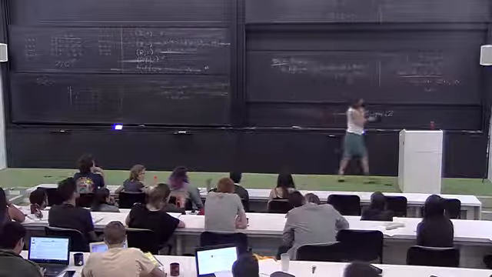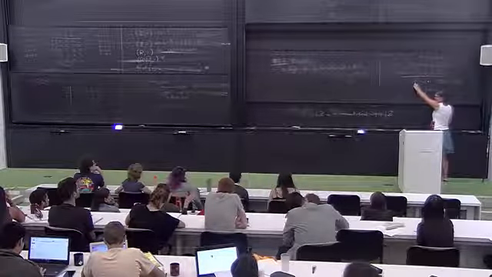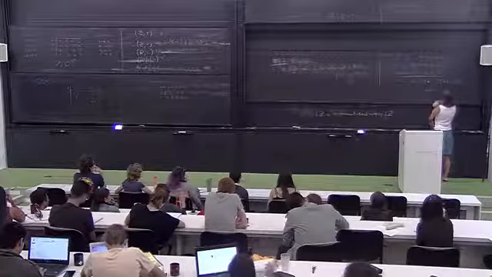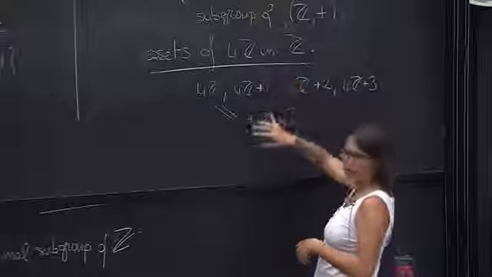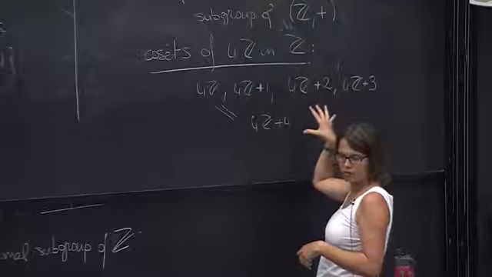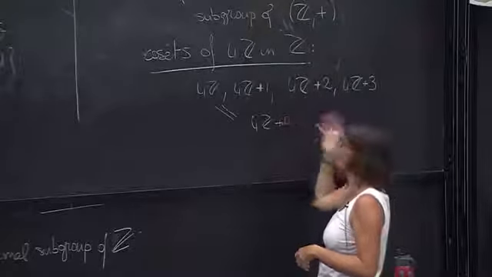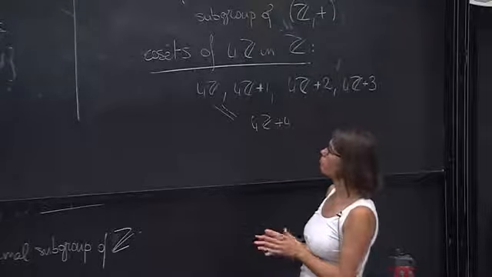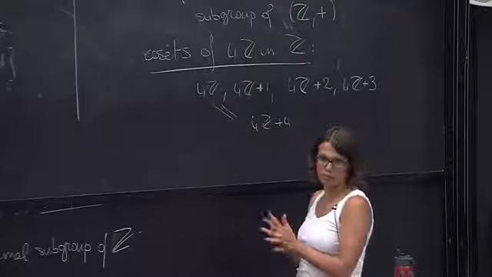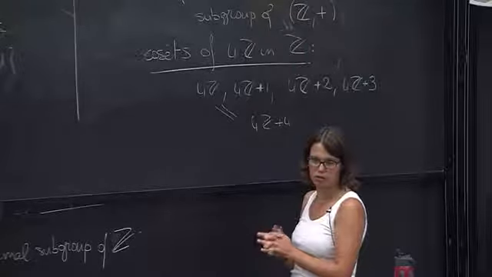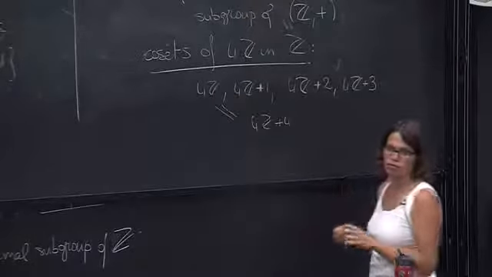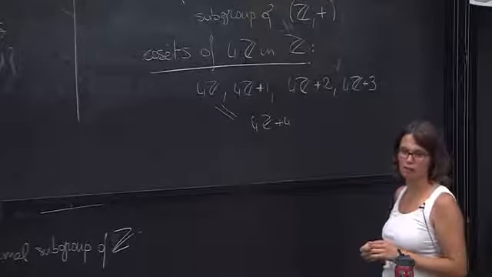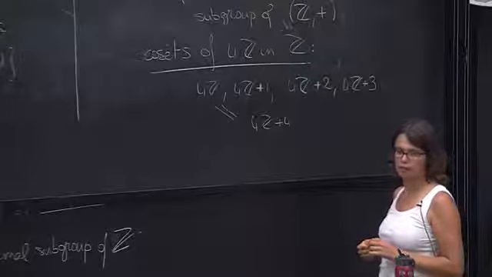You mean if it's a finite set? If it's always a finite set? So here, no, it can be infinite also. So here it's because we are talking about discrete groups also. So you could have an infinite number of cosets.